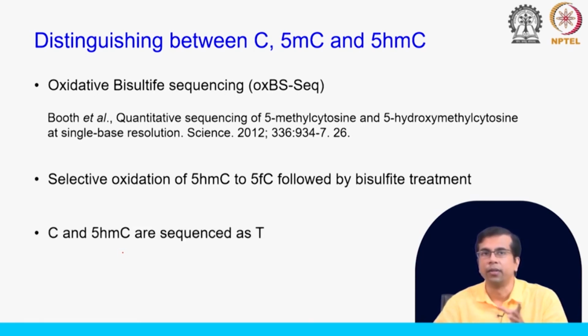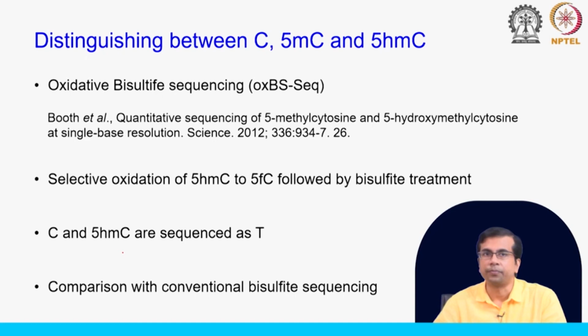C and 5-HMC are now sequenced as T, whereas the 5-MC bases are sequenced as C. Again, looking at these comparisons, you can derive which are unmethylated, which bases are 5-MC and which bases are 5-HMC. Again we compare with conventional bisulfite sequencing, as I just mentioned.